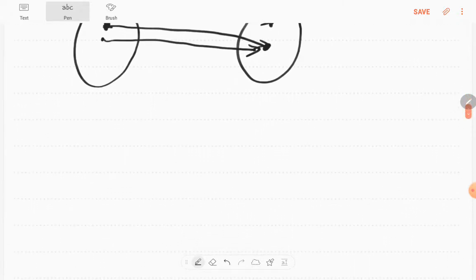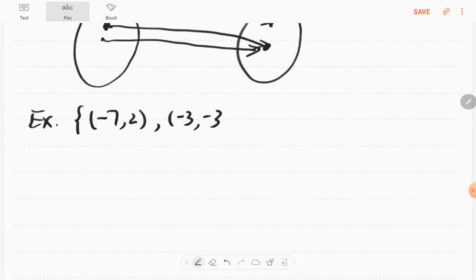So now let's look at some examples. This is some relation, a collection of points: (-7, 2), (-3, -3), (1, 8), and (2, 3).